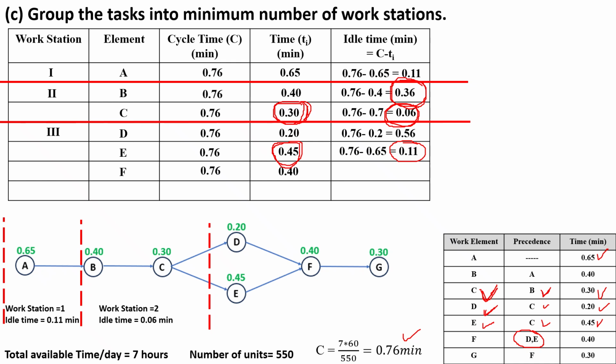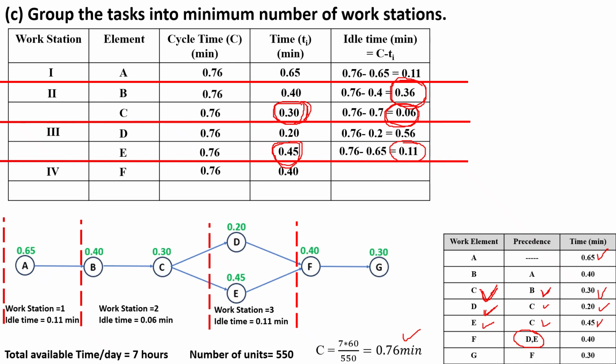In this regard, we can't add the F element in the third workstation. Then now we have to close the workstation 3 with the work elements D and E. So third workstation consists of the elements D and E and idle time is 0.11 minute.